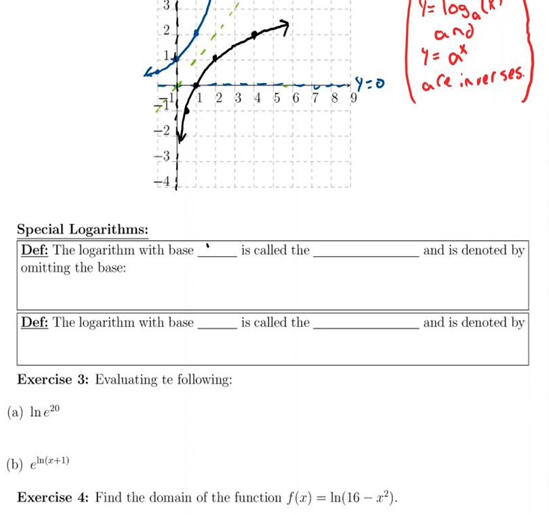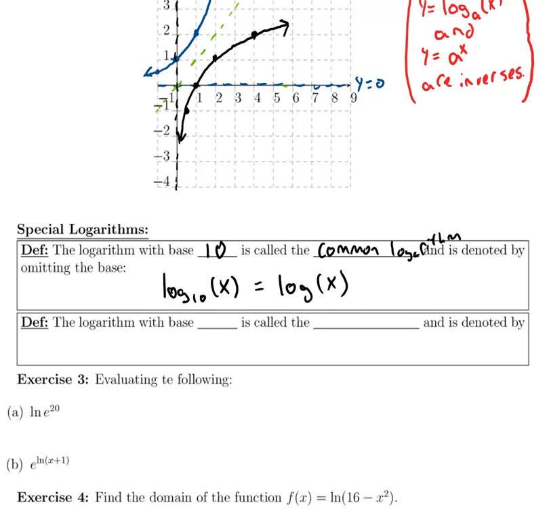And 10 is special because we work in a base 10 number system. A base 10 logarithm is going to be called the common logarithm. And we're going to denote this common logarithm by just omitting the base. So instead of writing log base 10 of x, when we're talking about the base 10 logarithm, we usually just write log of x, and we don't write a base there.